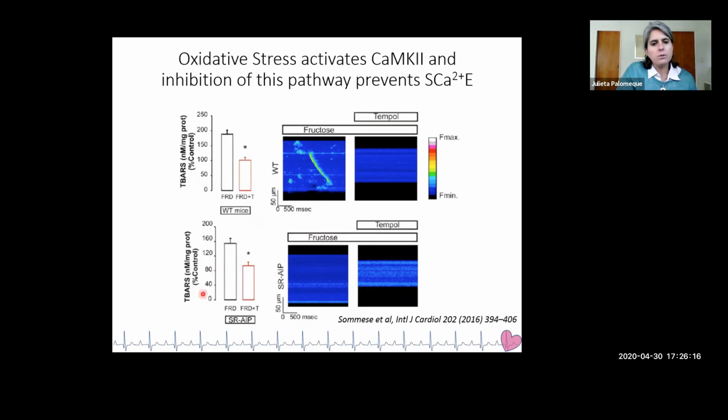Then we used the SR-AIP mice, which have the peptide AIP, a CaMKII inhibitor targeted to the SR membranes.